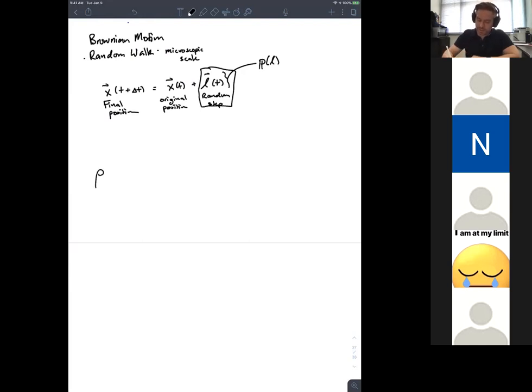We said that the probability to find a random walker at position x and at time t plus delta t is equal to its probability to be at some original position x prime at some earlier time t, times the probability that the step that it took takes us from x prime to x. And then we had to integrate over all possible starting positions, x prime. So this is what we came up with last lecture.